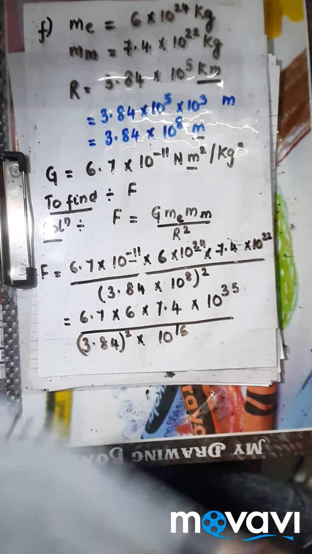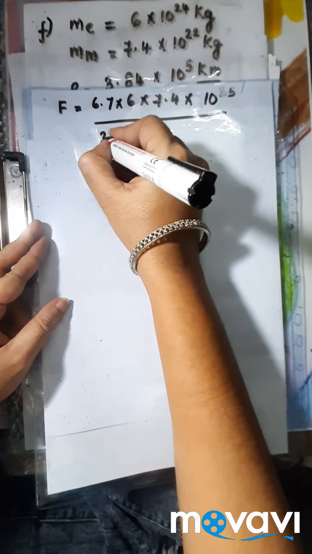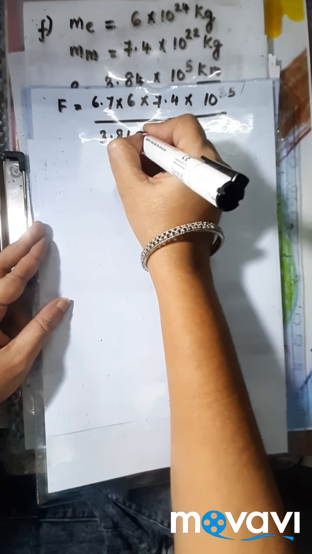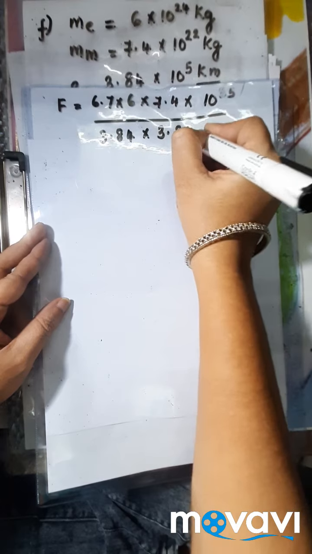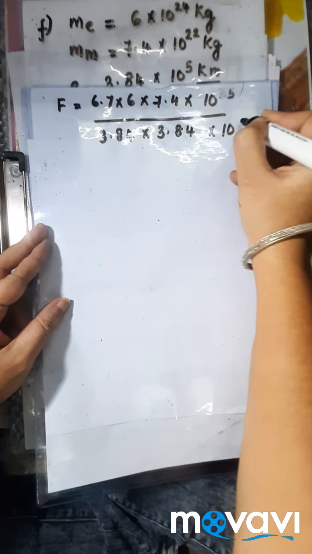So what does this become? This becomes 3.84 multiplied by 3.84, multiplied by 10 raised to 16.